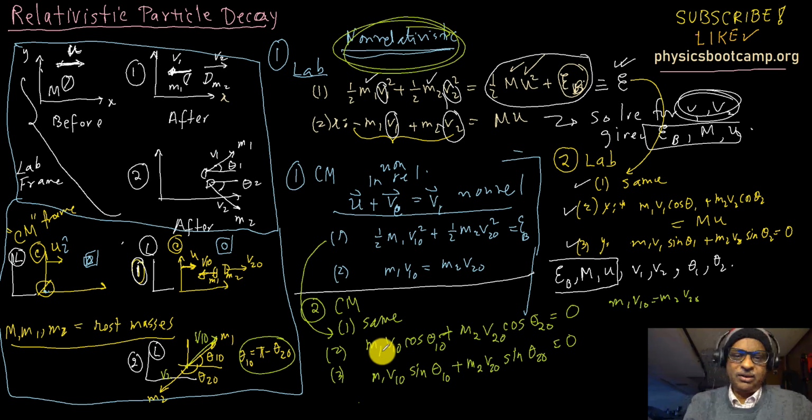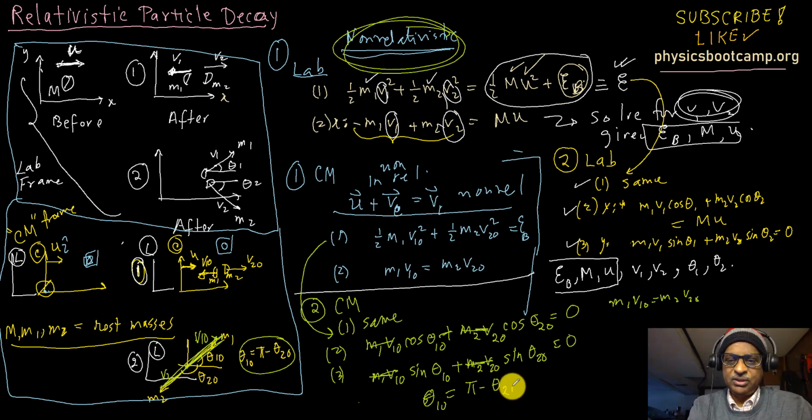So all of these cancel out, we can take them out, and from this what I get is simply theta 10 has to be equal to, looking at this diagram, they're going to have to be in the same line, so pi minus theta 20. So there's only one angle, so you don't have to solve for 2 different angles.